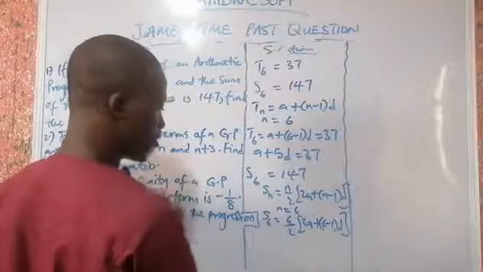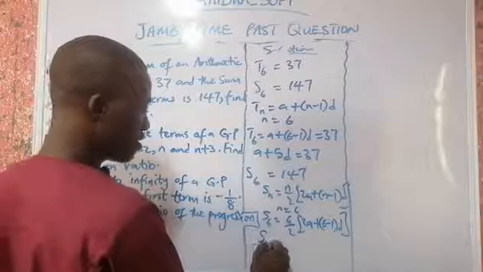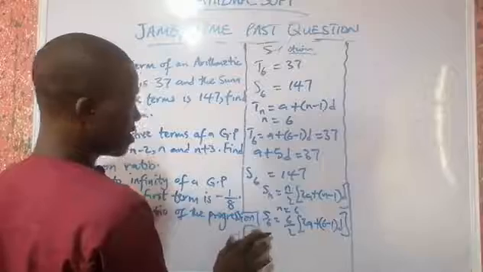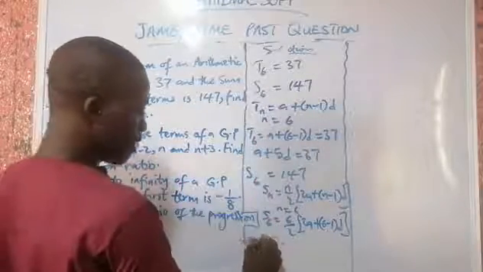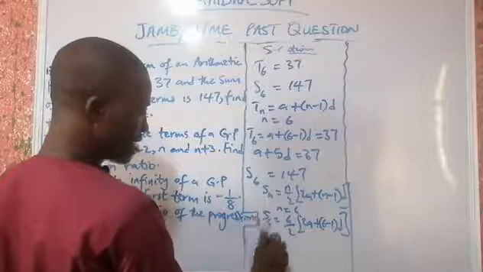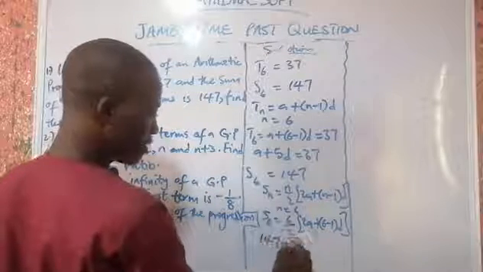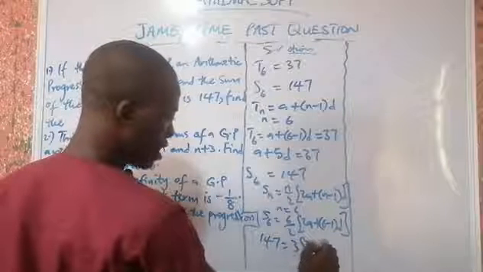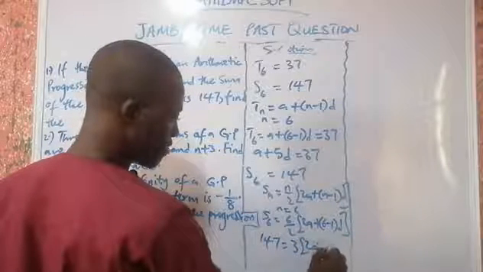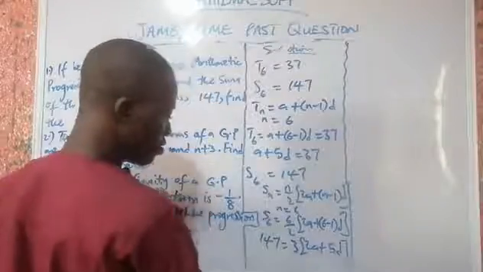S6 is 147, so 147 equals 6 divided by 2, that is 3, bracket 2a plus 5d.